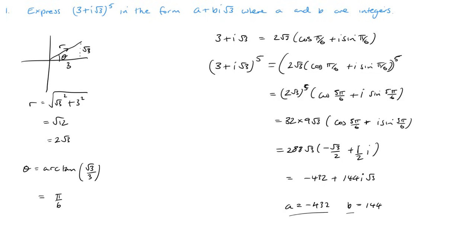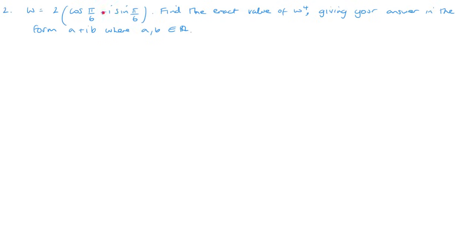Now let's look at question 2. So we've got this. w to the power 4 would be 2 to the power 4, cos pi by 6 plus i sine pi by 6, to the power 4.